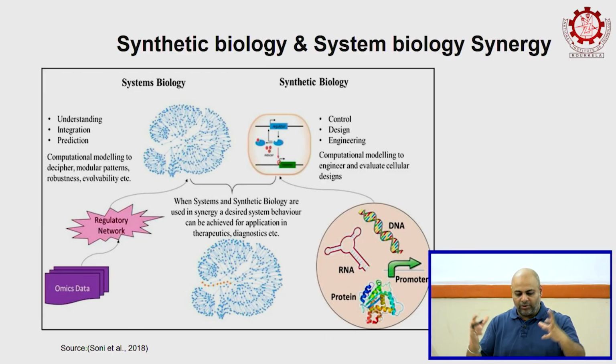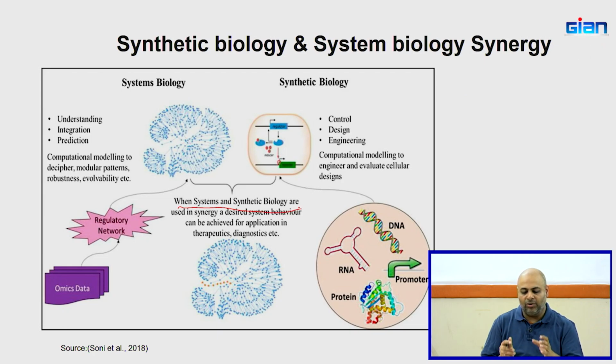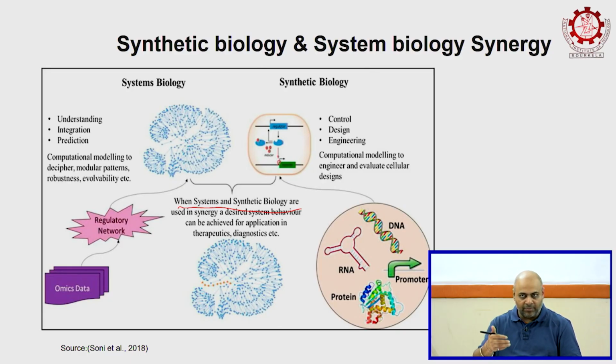So, you combine both of them, where systems and synthetic biology are used in synergy to have a desired system behavior. If you want your system to act in a special or specific way, use both systems biology and synthetic biology, understanding of both the sectors, and then you would be able to get what you want.